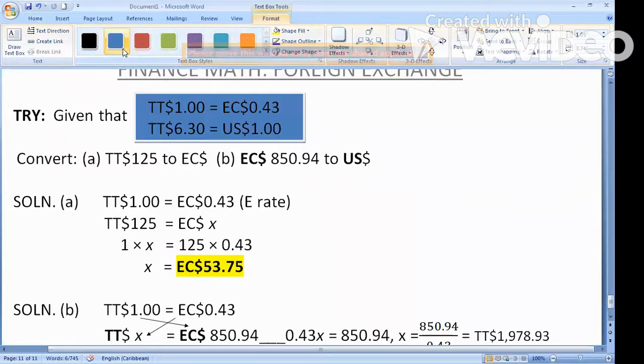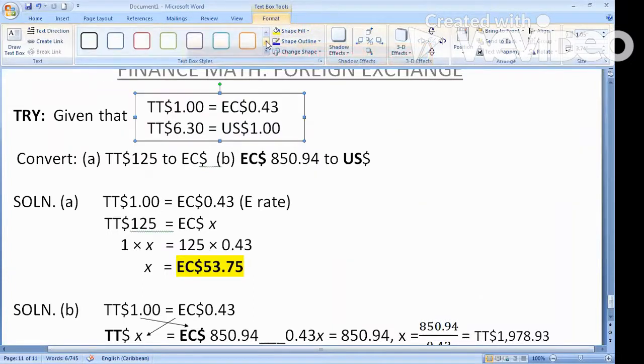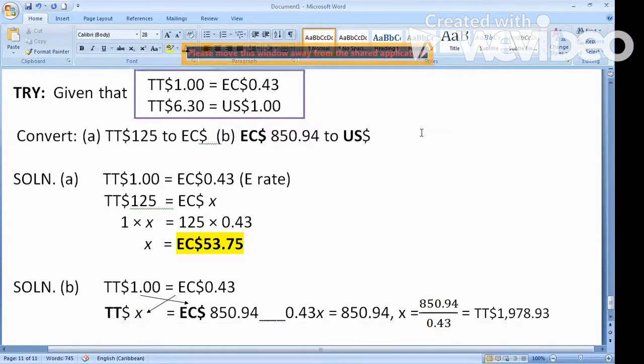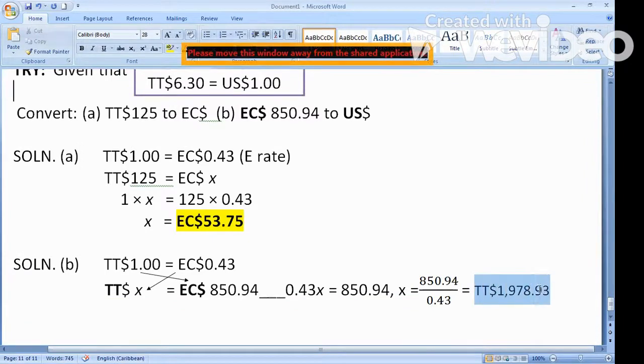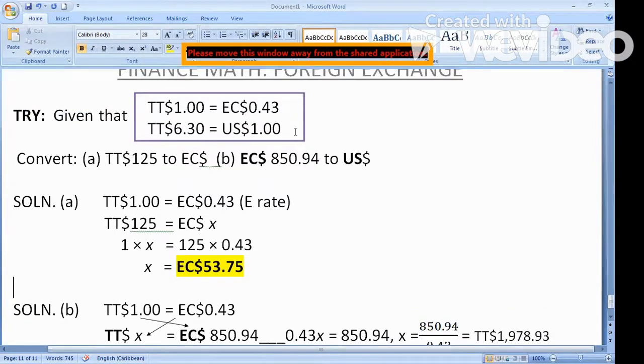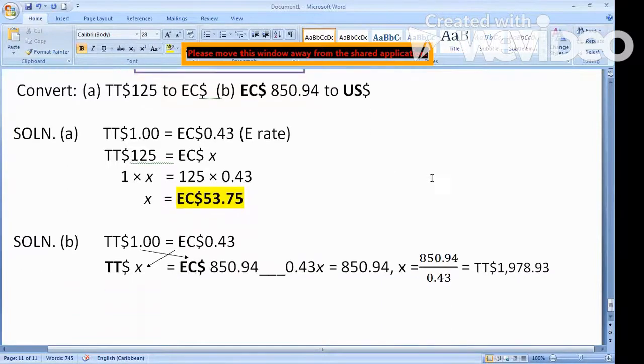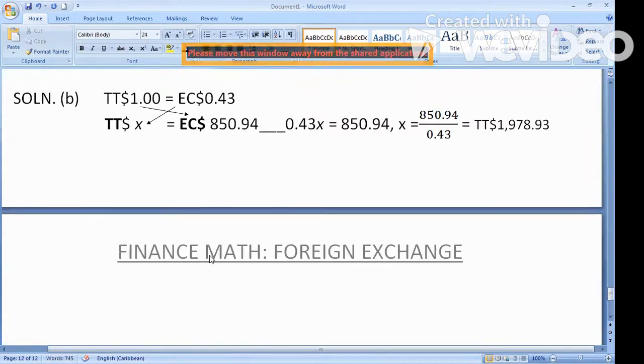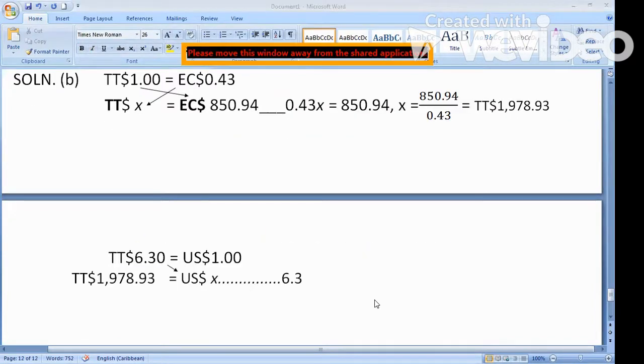I want it to look official, like an exchange rate. Okay, all right, much better. So we're going to convert this TT here to US. We're going to use this exchange rate. Sorry, I thought it would look better in that thing there.